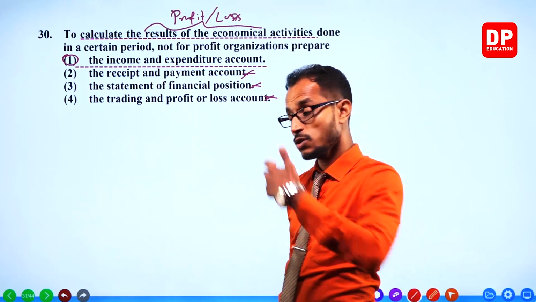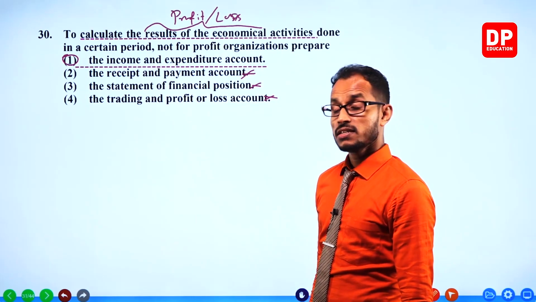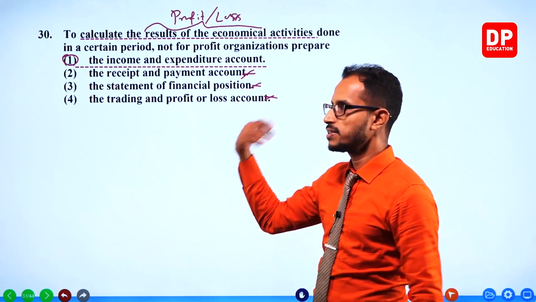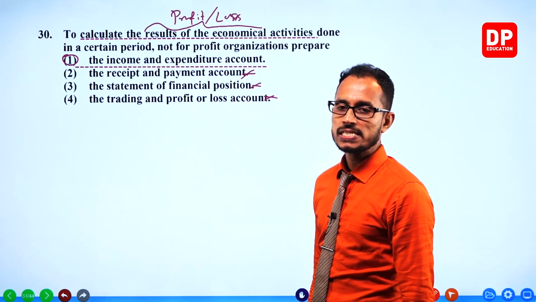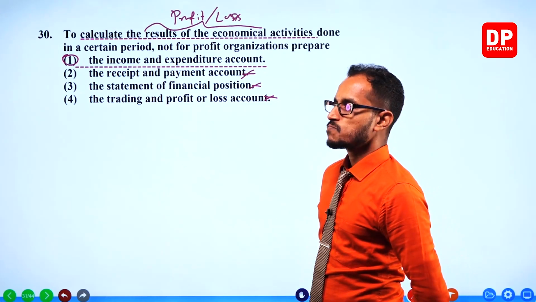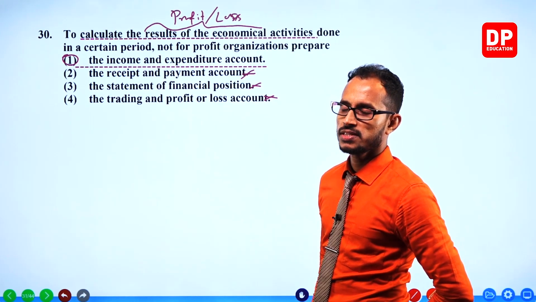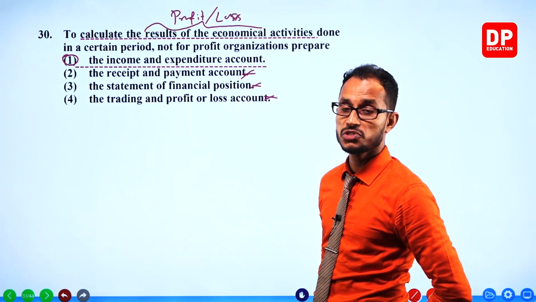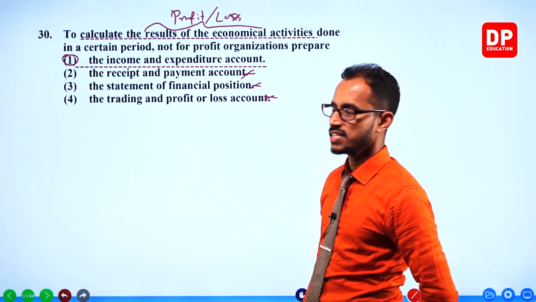In your syllabus, it is known as the income statement, but in the paper it says income and expenditure account. That is sometimes a confusing thing. But when the teachers teach you, they must say that this income statement is also known as the income and expenditure account.